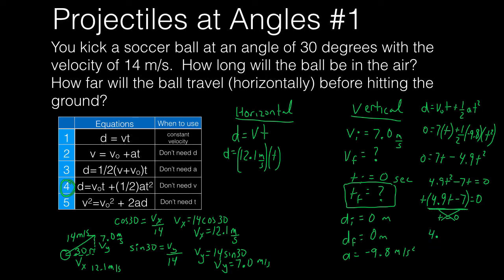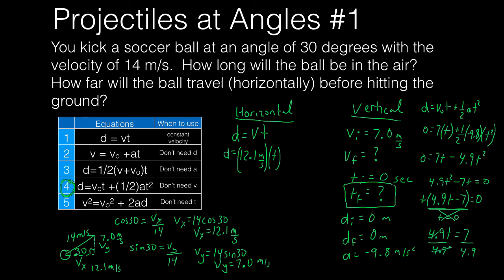So 4.9t, and I'm going to move the 7 over to the other side by adding 7 to both sides, so it is equal to 7. Now it's just a simple equation. We divide each side by 4.9, so 7 divided by 4.9.